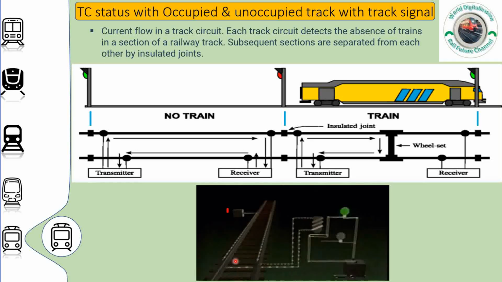So before the rail shunts the track circuit, we have a green aspect here. Okay, notice that when the axle shunts both rails, there is no power sent to the relay here, and we have a red aspect.